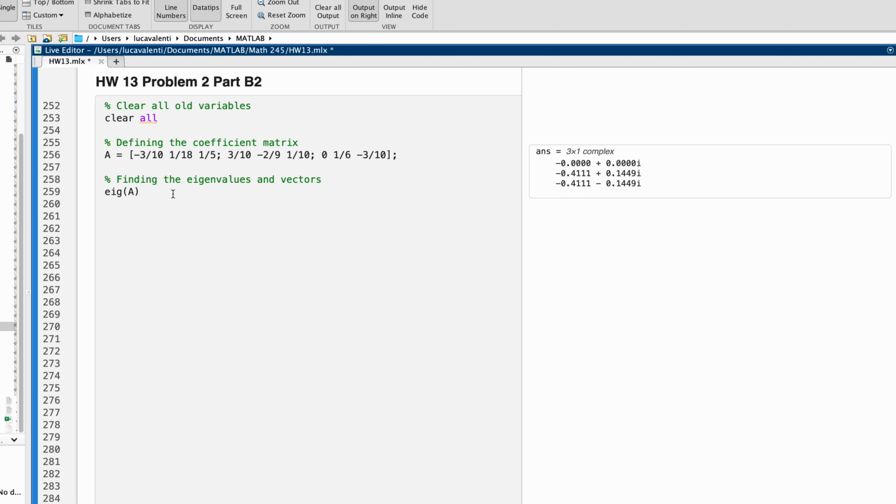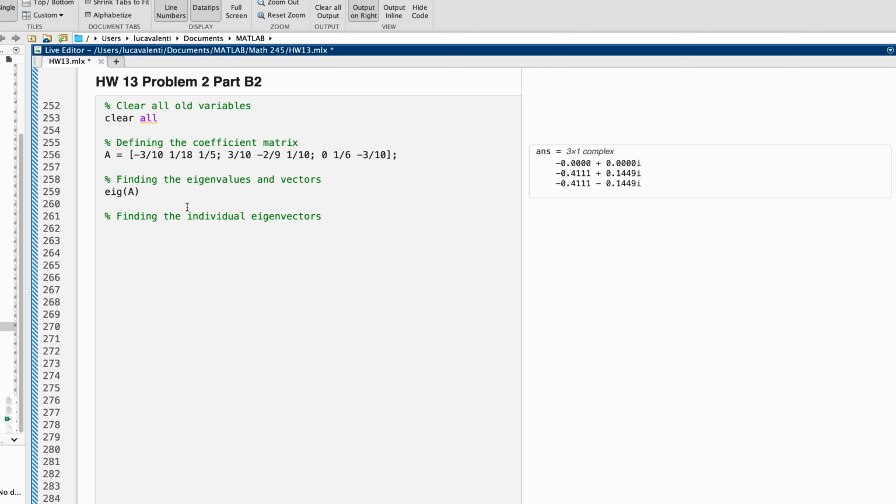So I'm going to go with a different technique because I don't like the Jordan. I don't trust the Jordan all the time. So if the eigenvalue is 0, 0, then I'm going to find the individual eigenvectors. And that's going to be done this way.